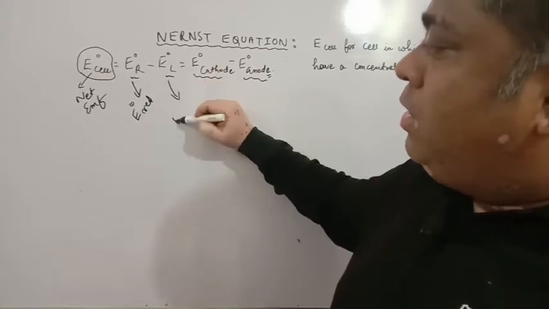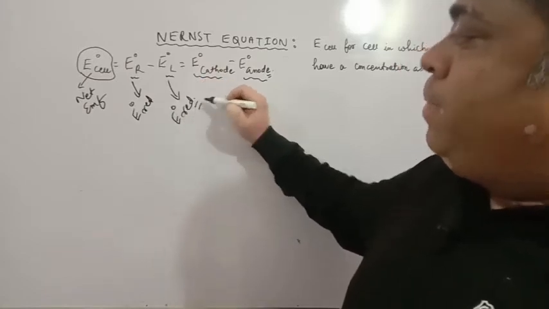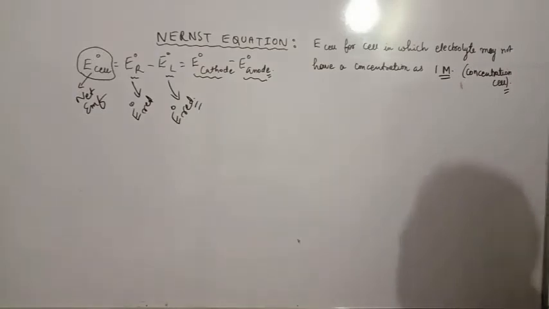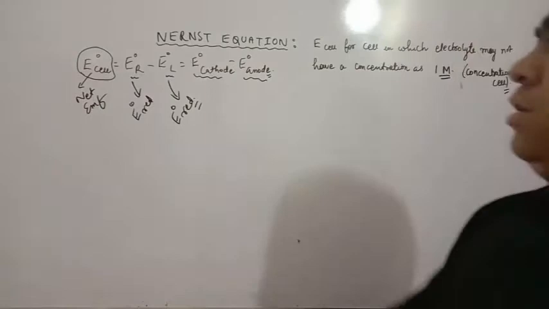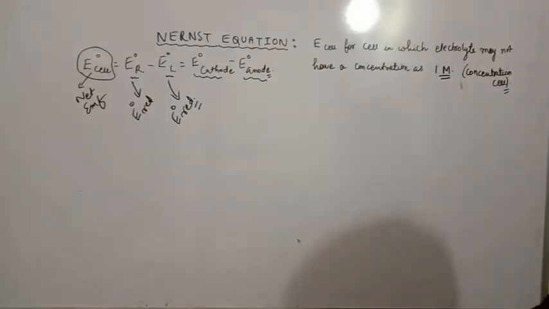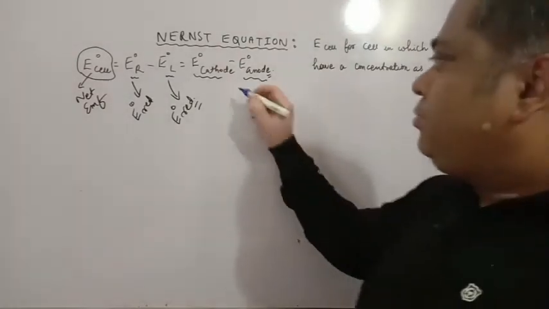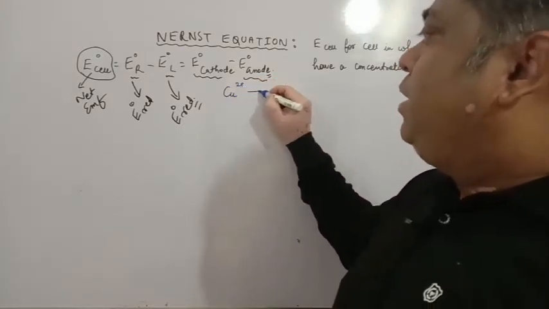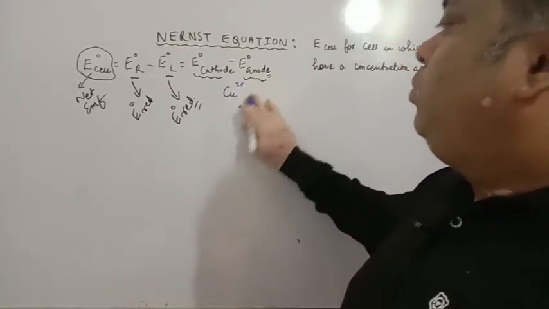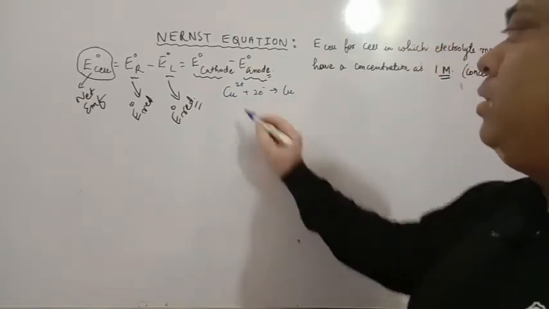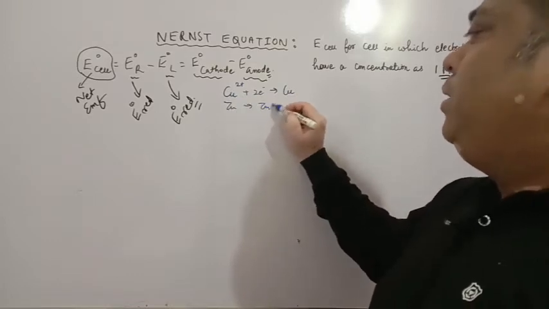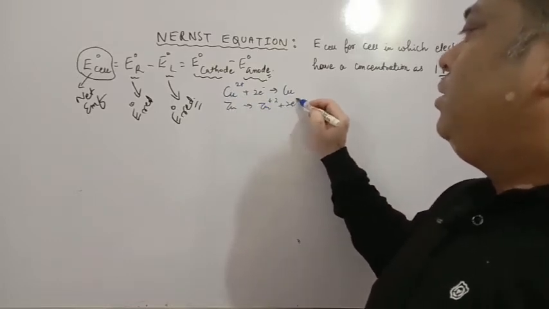So first of all, we will find out the individual reduction potential for any hypothetical equation, and then later on we will also find out the net EMF of the cell in terms of the Nernst equation. Say for example, copper 2 plus becomes Cu metal, or zinc becomes Zn2 plus plus 2 electron.